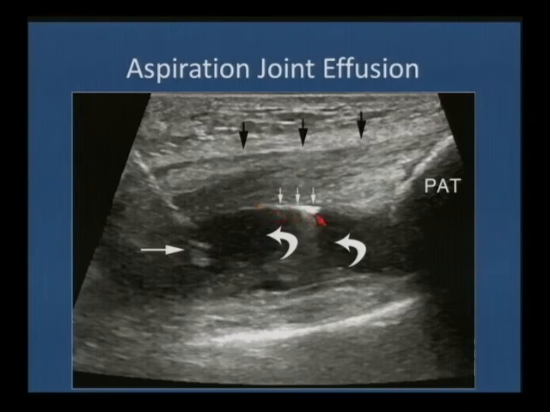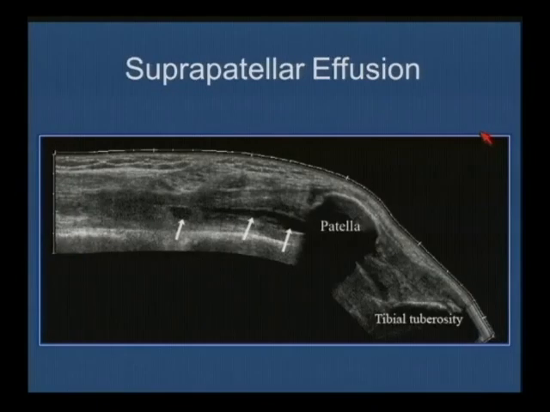And then notice also there's this hyperechoic line here, and a little bit of shadowing or reflection rather coming off it. And this is actually local anaesthetic that tracked along the superior margin here. There may be even one or two tiny bubbles of air in it, and that's our local anaesthetic. So it's not uncommon in our practice to be asked to aspirate a knee joint effusion.